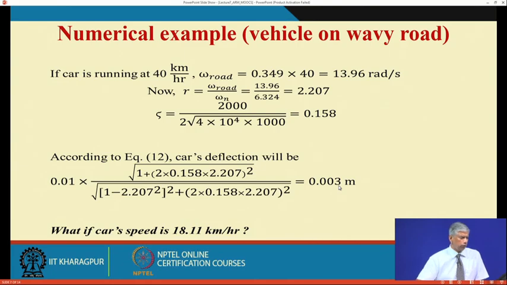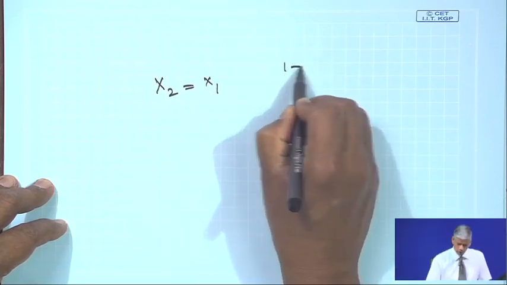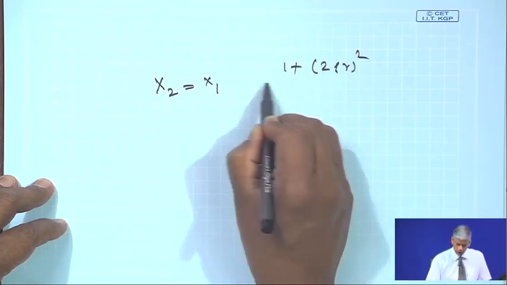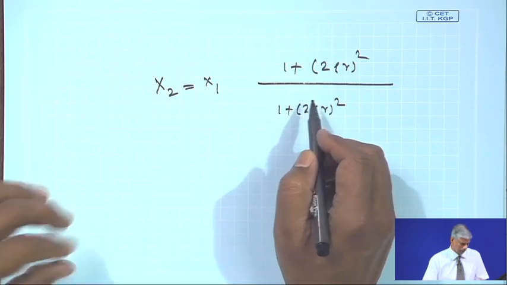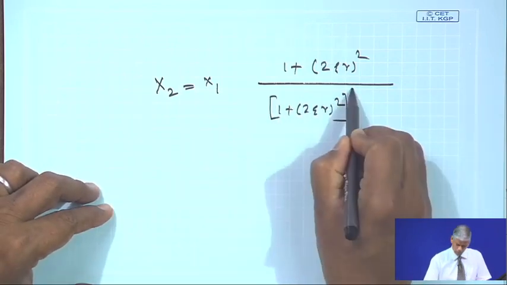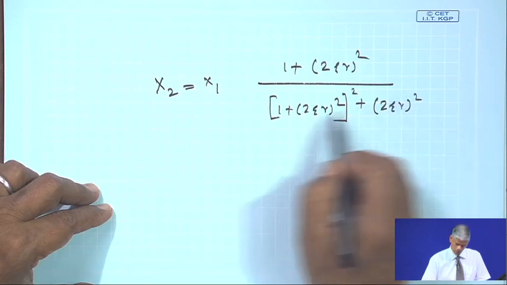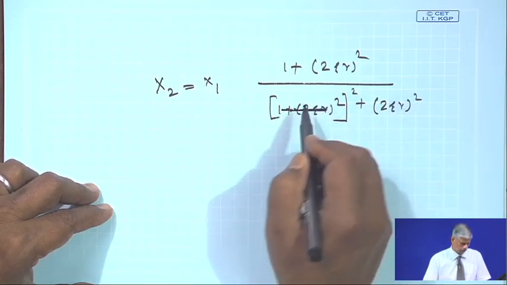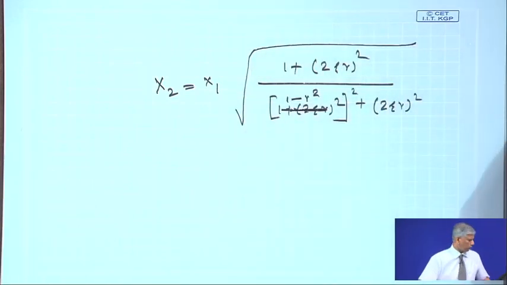A couple of takeaways from this expression: x2 is x1 times the square root of 1 plus (2 zeta r) whole squared, or I can refer you to the previous equation, this expression here.